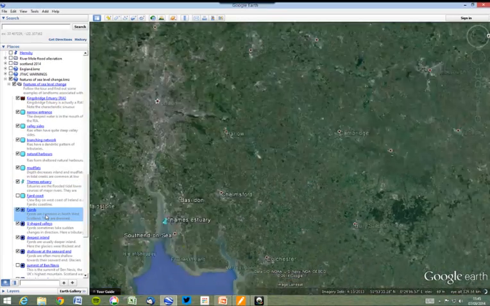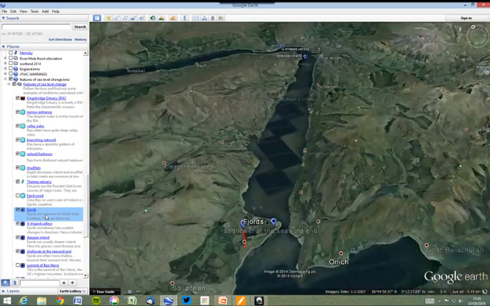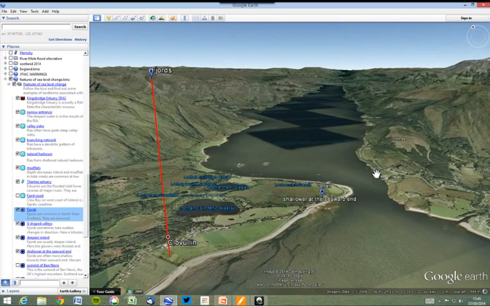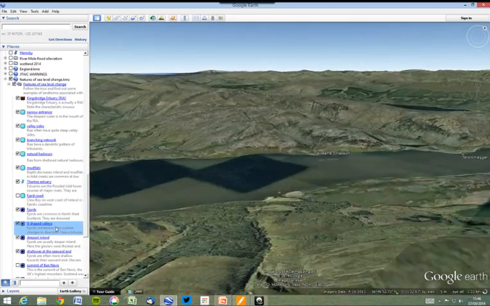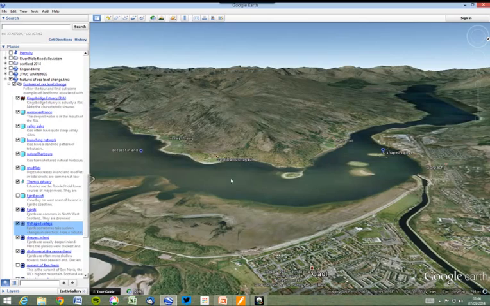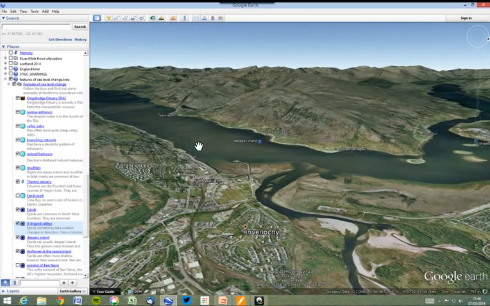Other submerged features, perhaps more famously, are fjords. So fjords are steep-sided glacial valleys which have formed as sea levels rise, and they take on a U-shaped cross-sectional profile. And they are submerged glacial valleys. So once upon a time, glaciers flowed down this particular fjord in Scotland, Loch Linnhe, and created this very steep-sided, flat valley floor.